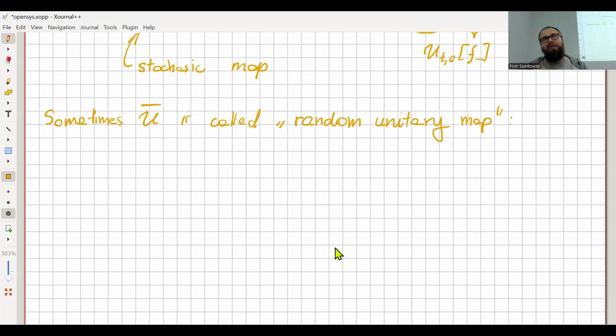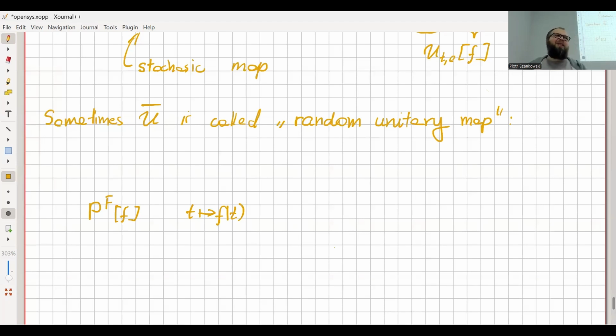But in each run of our experiment we don't fully control what's going on, and this external field changes from shot to shot. We don't know what happens on the microscopic level, but we know some probabilities: the probability that this field would be f of t.